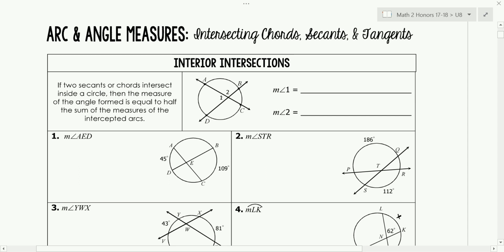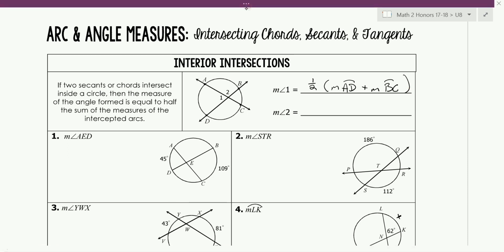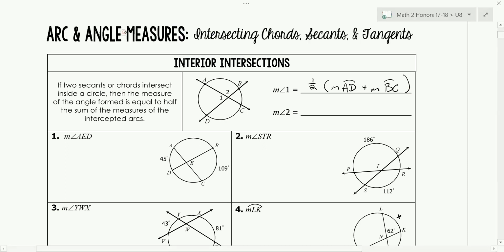But what does that say about angle 1? The measure of angle 1 would equal half the measure of arc AD plus arc BC, right? Okay. So it's the arc that is intercepted by that angle.